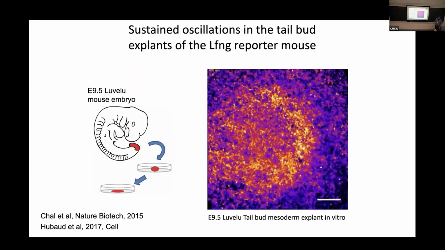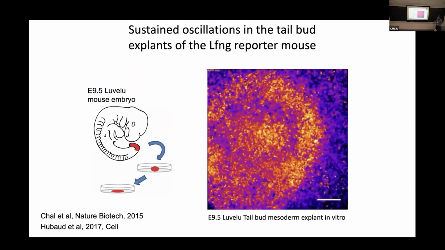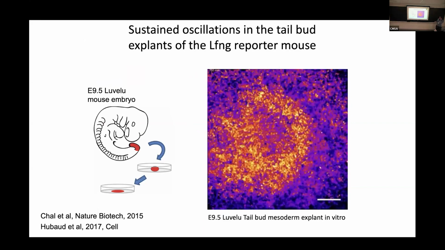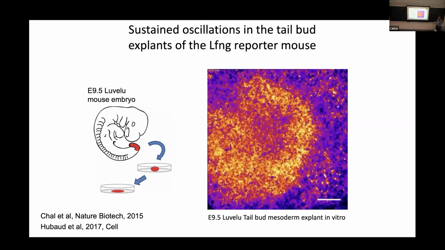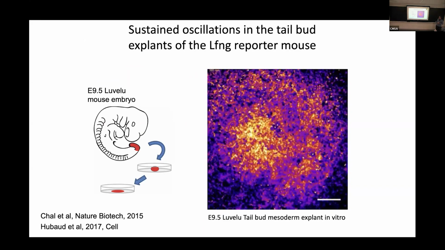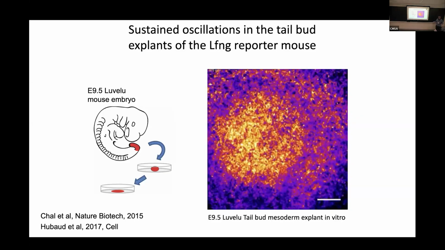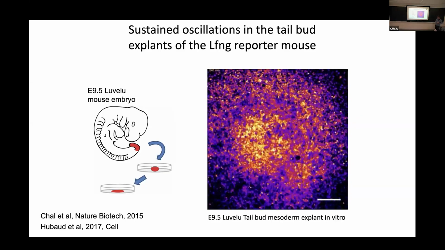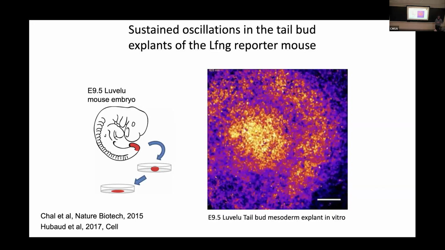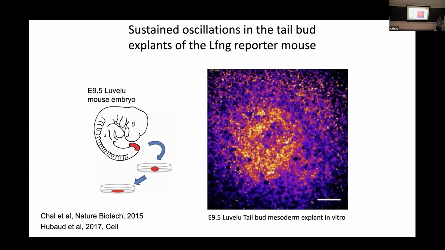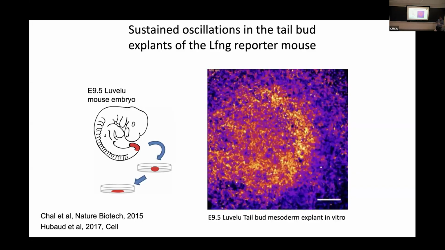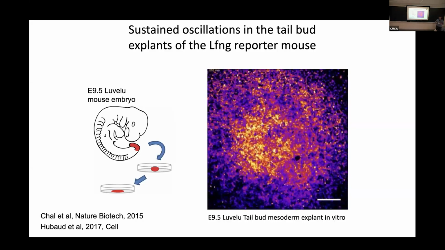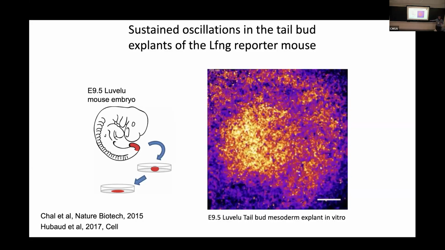And for instance, in the lab, in work that we did with Mara, we adapted the system and tried to optimize it in order to keep the cells oscillating ideally forever, but we were not successful, but at least far longer than they normally do. Because in the original system, the cells were recapitulating their normal developmental schedule, which means they were doing a few oscillations and then stopping.